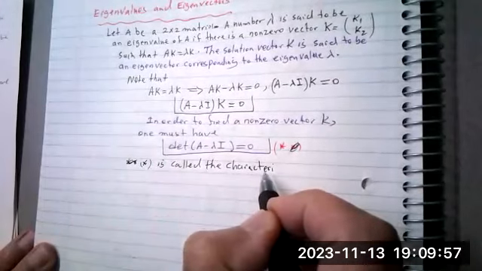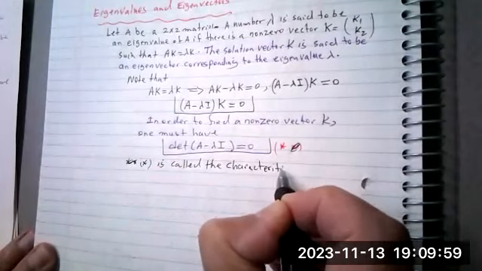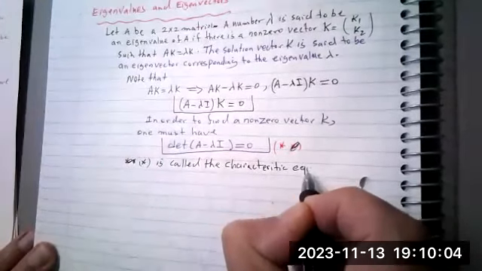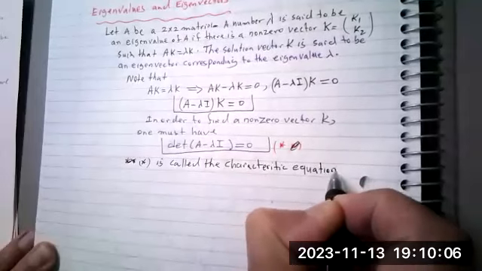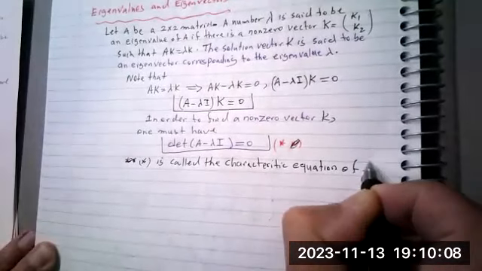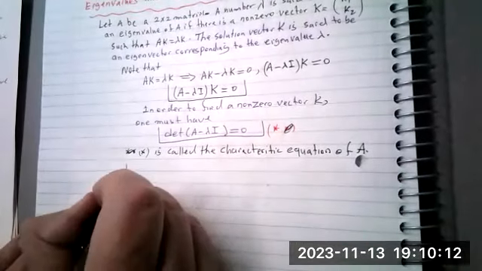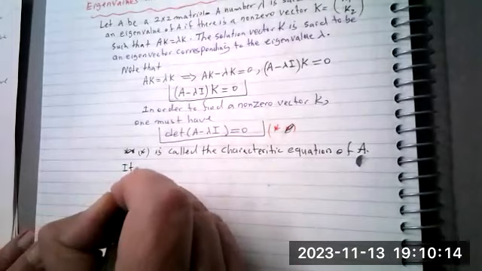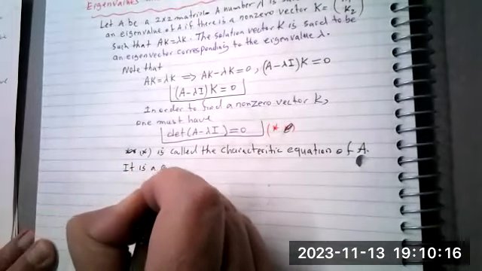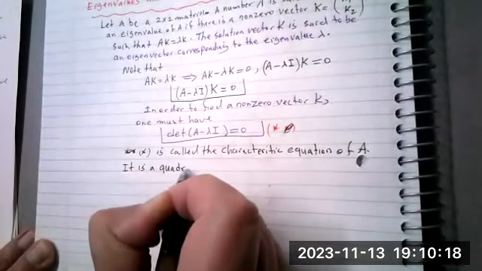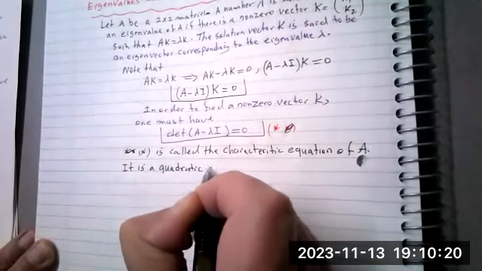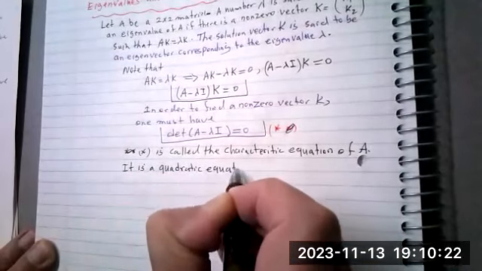This is the characteristic equation of a matrix A. Again, it's a quadratic equation in lambda.